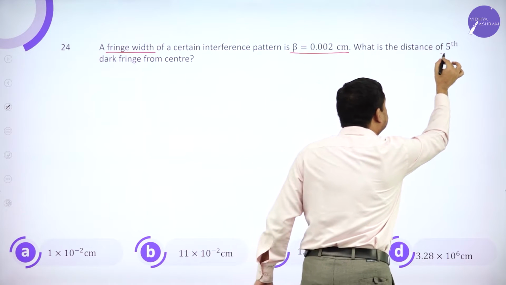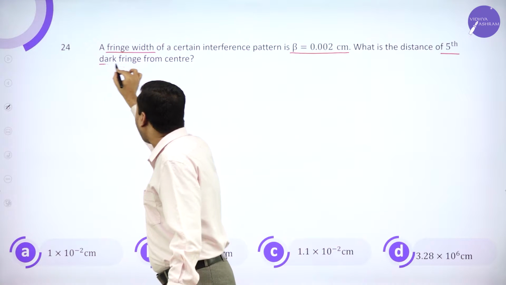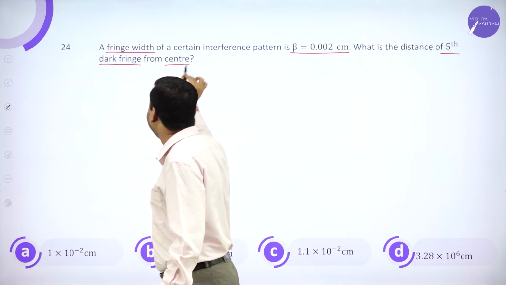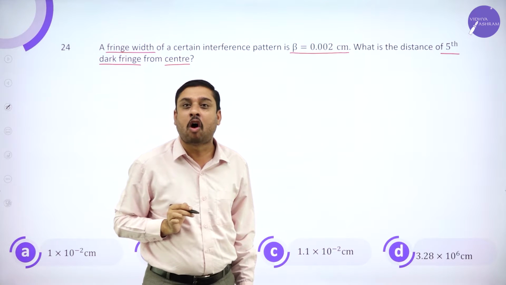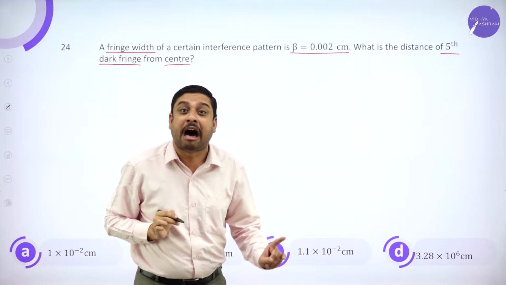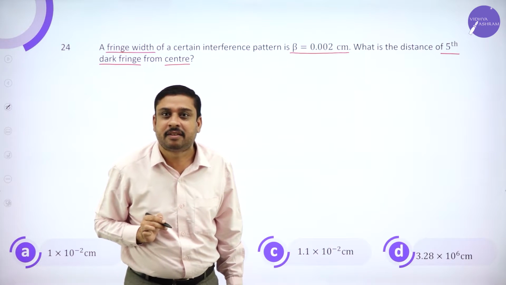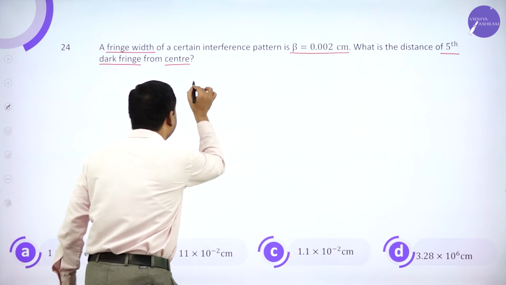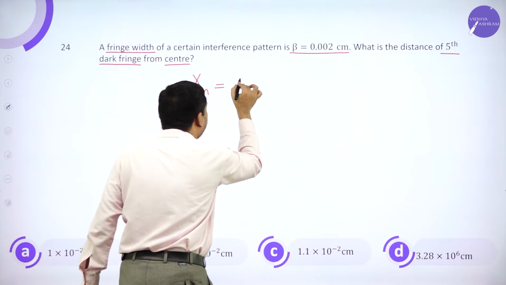What is the distance of the fifth dark fringe from the center? What is asked? The distance of the fifth dark fringe from the center, which means now let us recall the dark fringe formula.